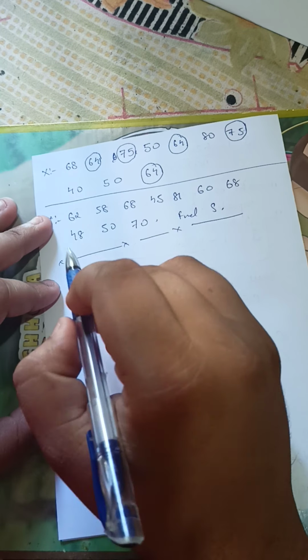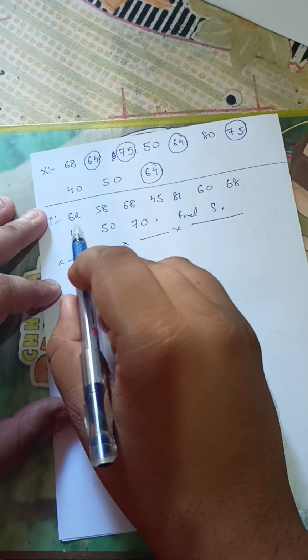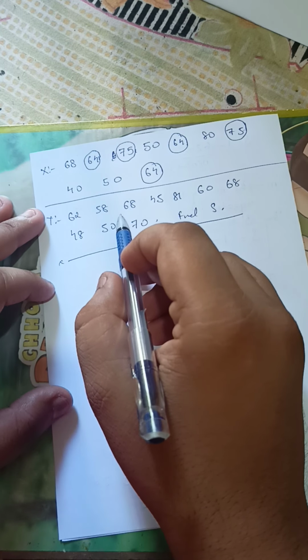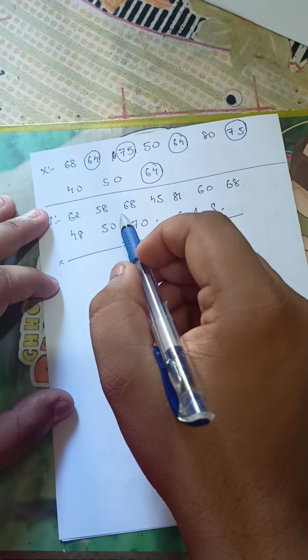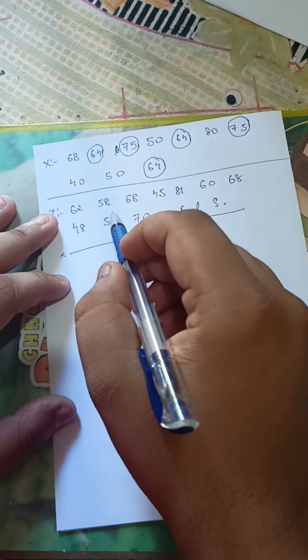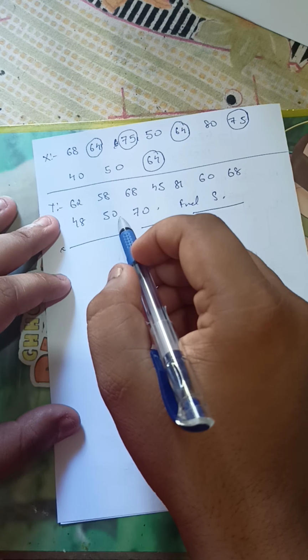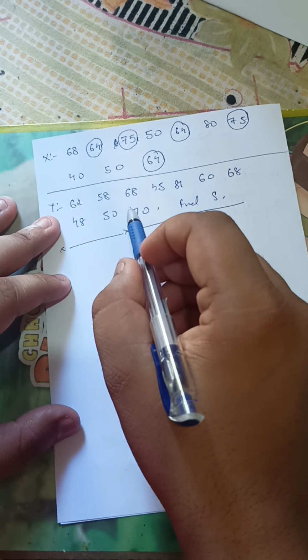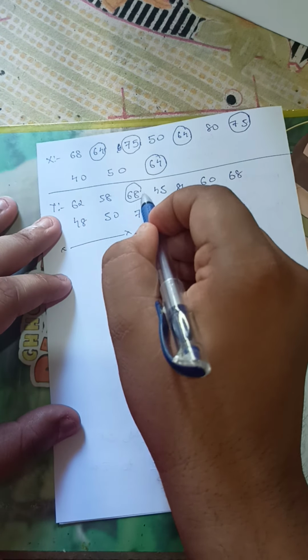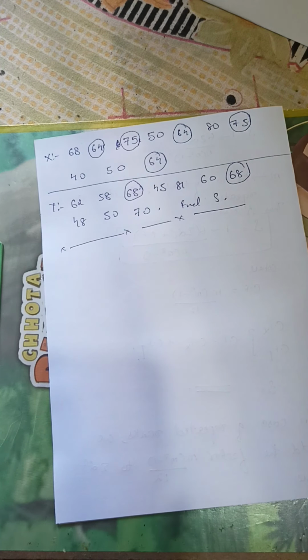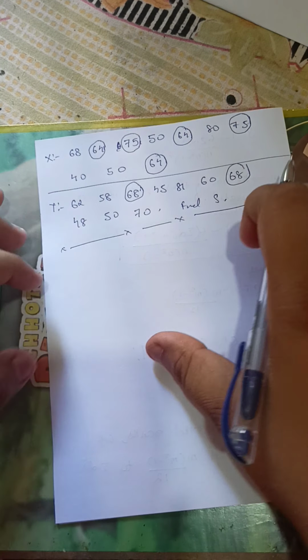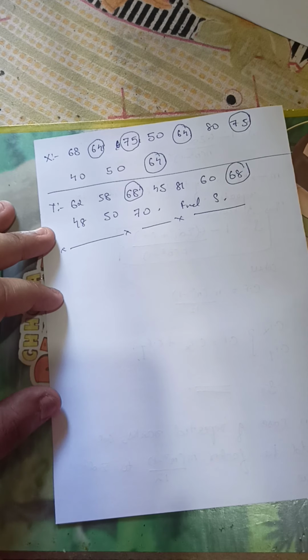In the case of y, 68 is repeated 2 times, and nothing other than that is repeated.